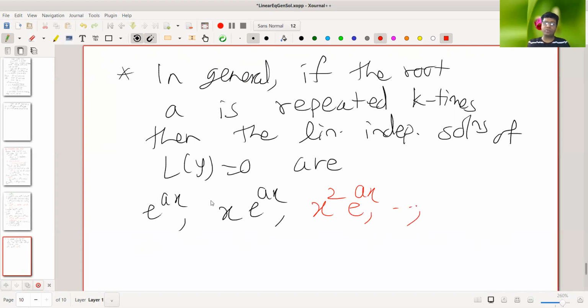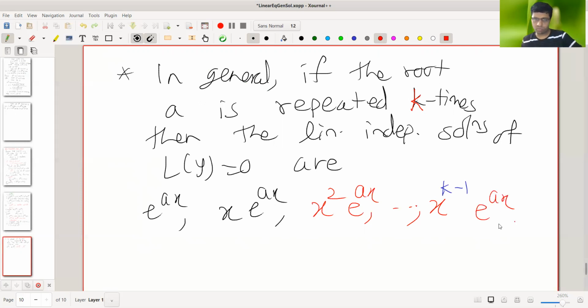If it is repeated twice, then we have up to x raised to 1.